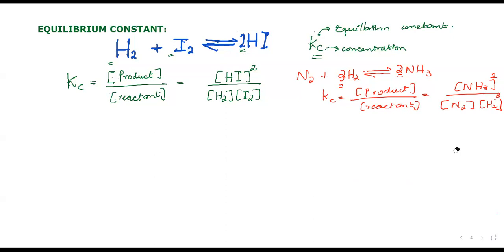Let's say that we had 2SO2 plus O2 gives us 2SO3, right? To figure out the Kc, all you have to do is product over reactant.